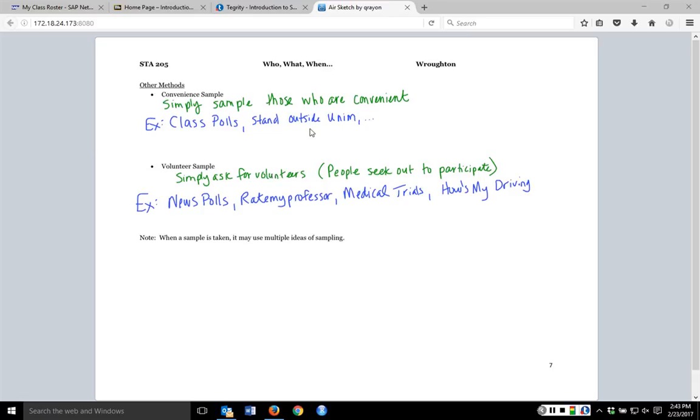Right, I can stand outside the union and I'm going to make sure I sample 20 men and 20 women that walk by. Right, so since I'm doing the idea of a stratified sample attached to a convenient sample at the same time. Or I could sample every 20th person that walked by and be doing a systematic sample at the same time. So hopefully that gives you an idea of some of the methods out there. Again, keeping in mind some are better than others, but there are other ones out there than just the ones I've listed here as well.